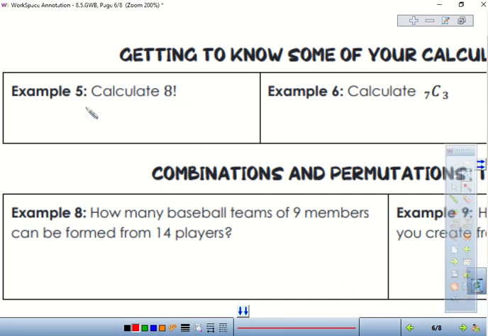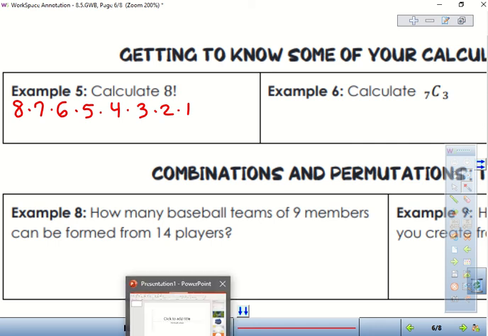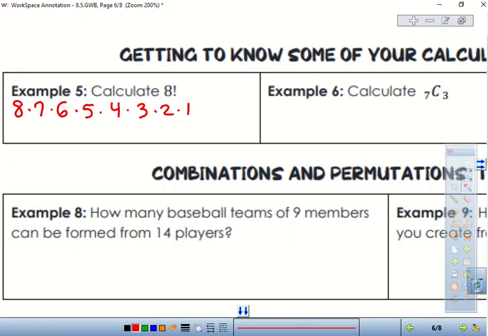So, 8 factorial is the same thing as 8 times 7 times 6 times 5 times 4 times 3 times 2 times 1. But we also have a calculator that can do this, which can be useful, because if it's something really big, you might not want to sit there and calculate everything, right?